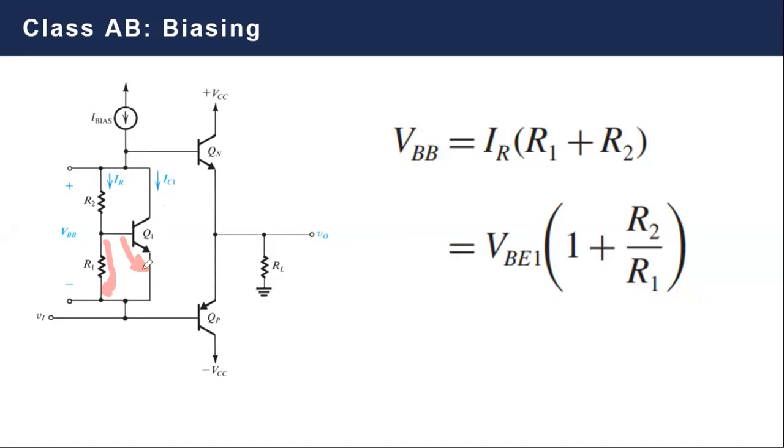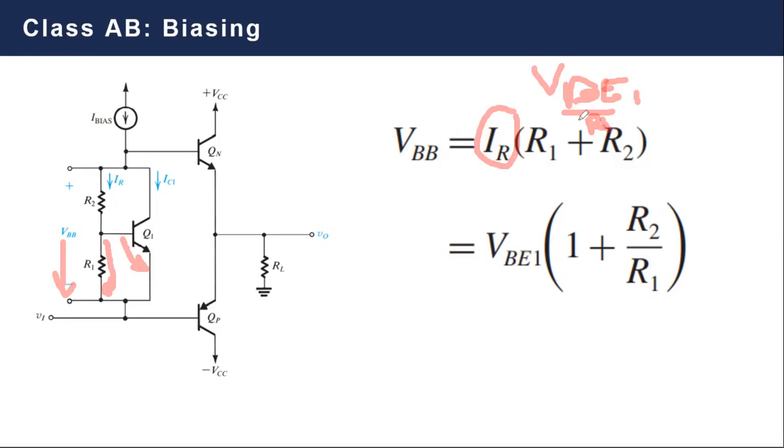So the voltage drop VBE equals the voltage drop on R1. Both are parallel, as you see. So simply you can say that the current flowing here is equal to VBE1 over R1. So you can substitute this IR by VBE of transistor 1 over R1.